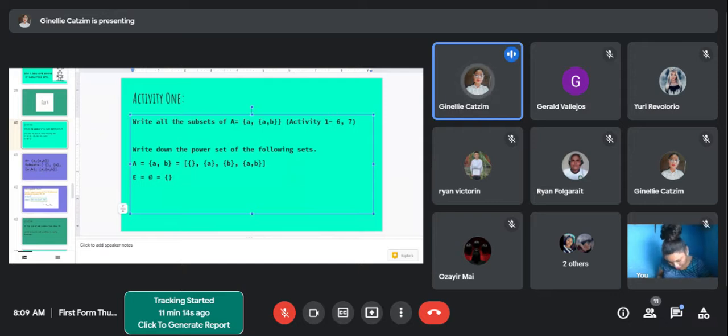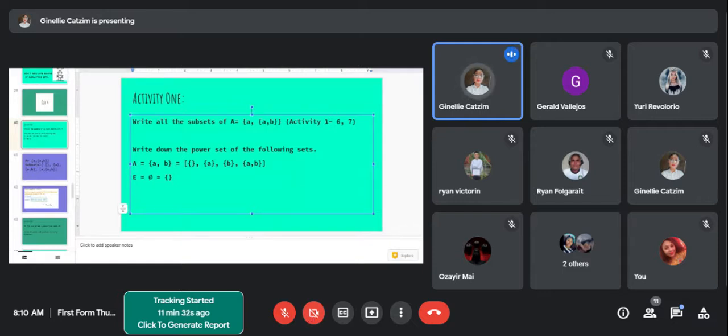What will be the power set of E? You have any idea? Remember, the power set is all the subsets together.